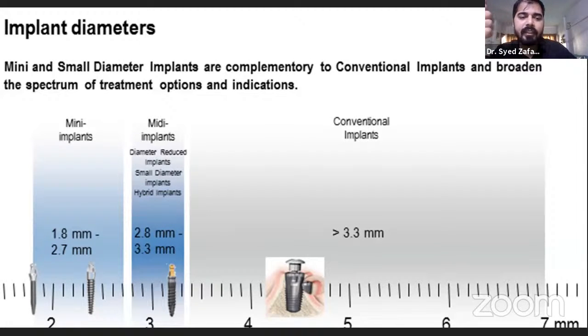The guidelines say that an implant less than 3 mm goes in the category of mini implant. Not the ortho mini implant, but the dental implant, like this. This is not the ortho implant. Mostly people confuse it with the ortho implant. Mini implant means less than 3 mm.